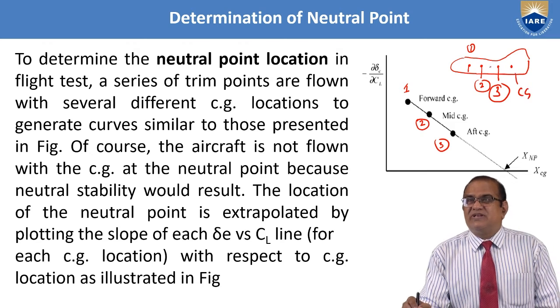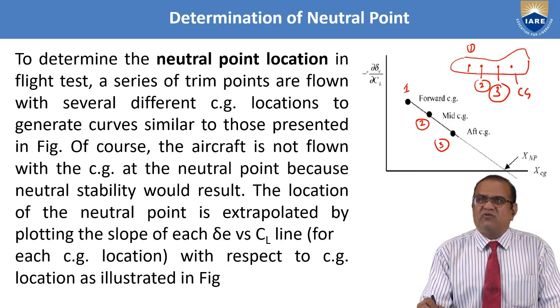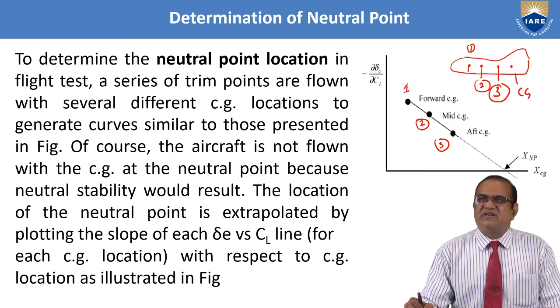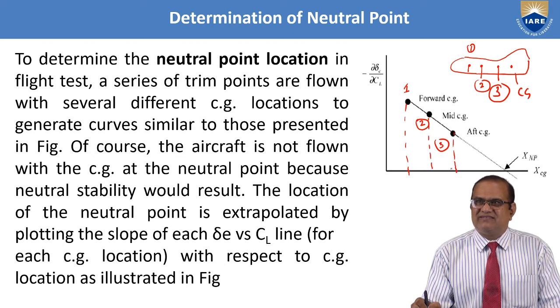Okay, so in this 1, 2, 3, we have to find out delta E by delta CL with respect to the location of the center of gravity. Here, this is the 1, this is the 2, and this is the 3.